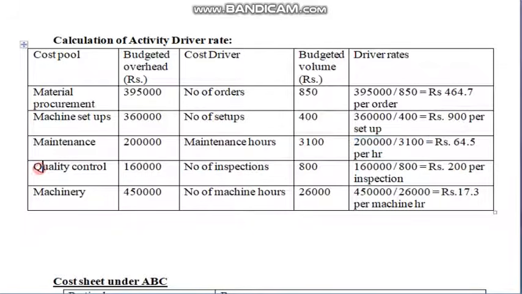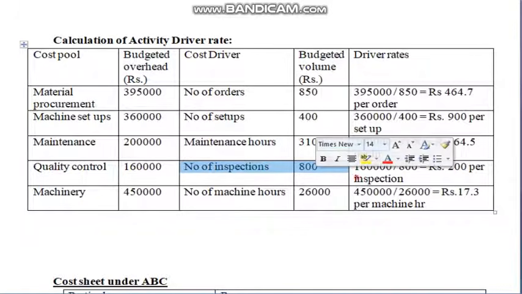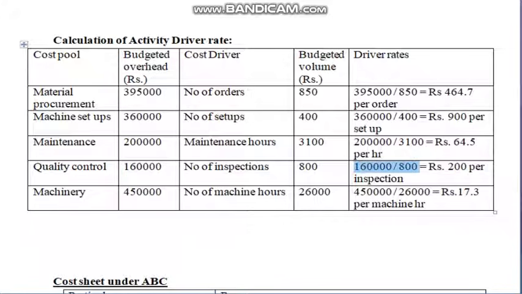Now the cost of quality control is 1,60,000. That is based on number of inspections, that is 800. So 1,60,000 divided by 800, so it will be rupees 200 per inspection. Now the last one, cost of machinery. Here the cost of machinery is 4,50,000, and this cost is based on the total number of machine hours. The total number of machine hours is 26,000.